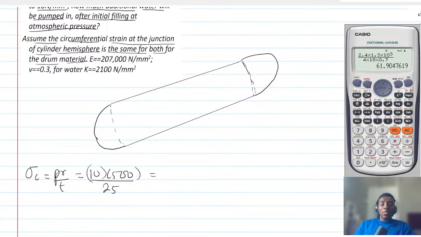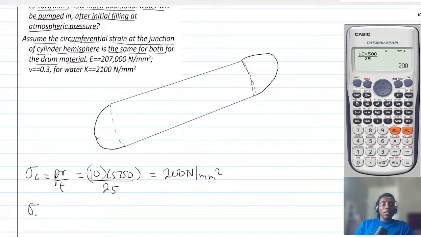So PR over T is 10 times 500 divided by 25, and that gives us 200 Newton per millimeter square.